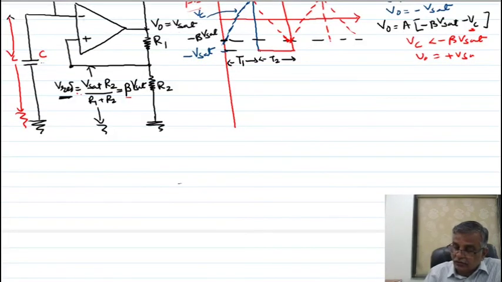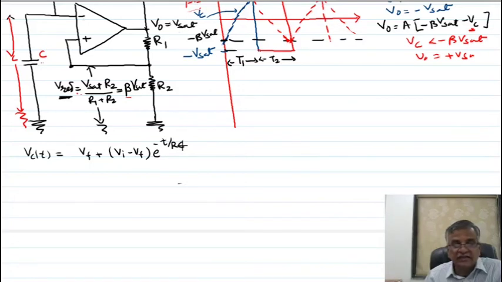See, the voltage across the capacitor as a function of time can be written as final voltage plus initial voltage minus final voltage, with the voltage changing exponentially. I am writing like this.